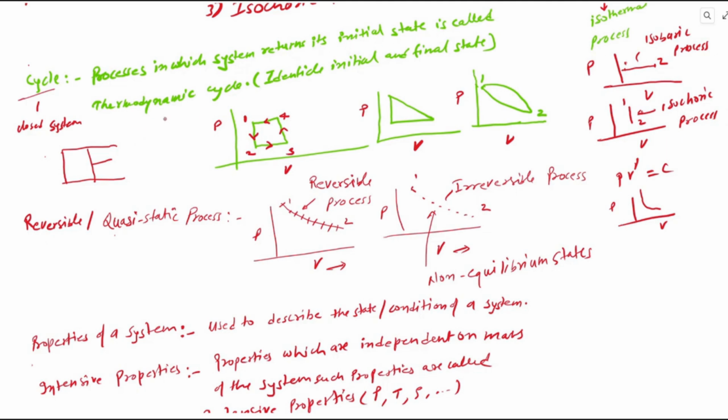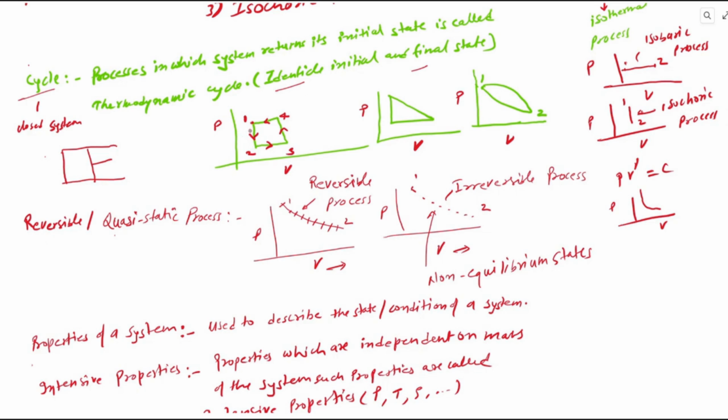So the initial state and final state are identical. For example, here in a PV diagram, initially we are at state 1.